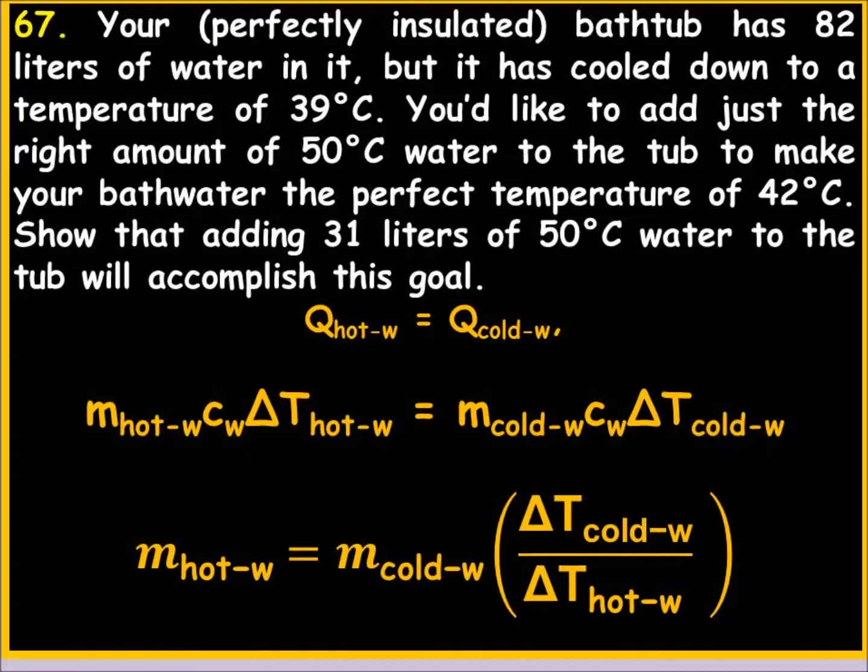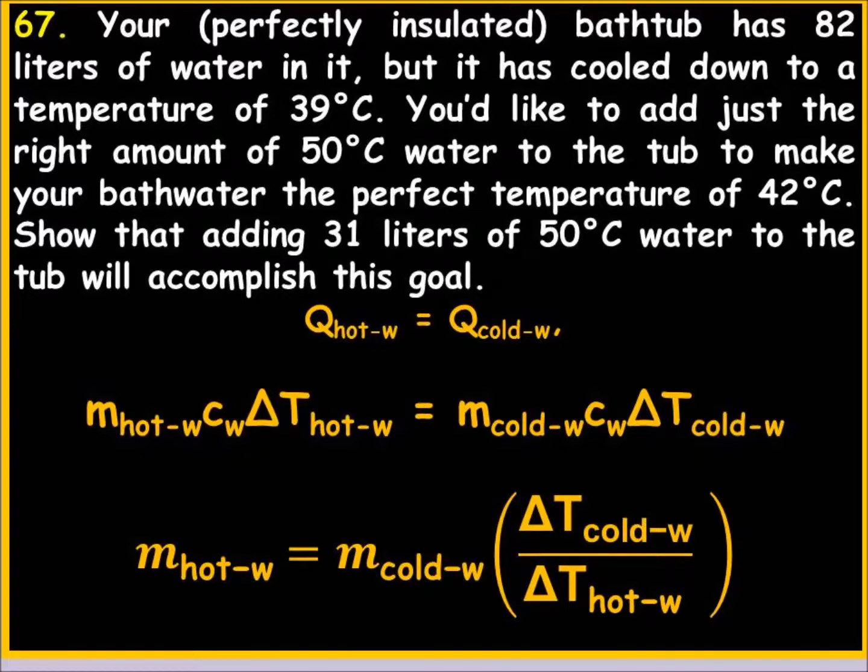Show that adding 31 liters of 50 degrees Celsius water to the tub will accomplish this. So plug into everything. The specific heat capacities are going to cancel, and that's it. So just solve for the mass of the hot water.